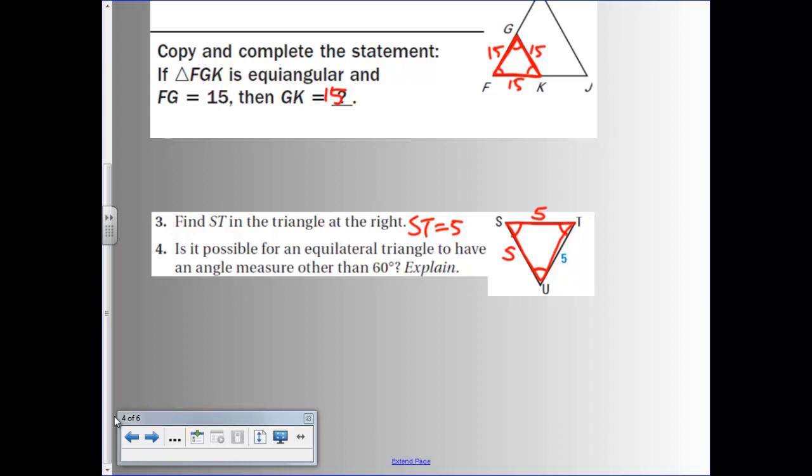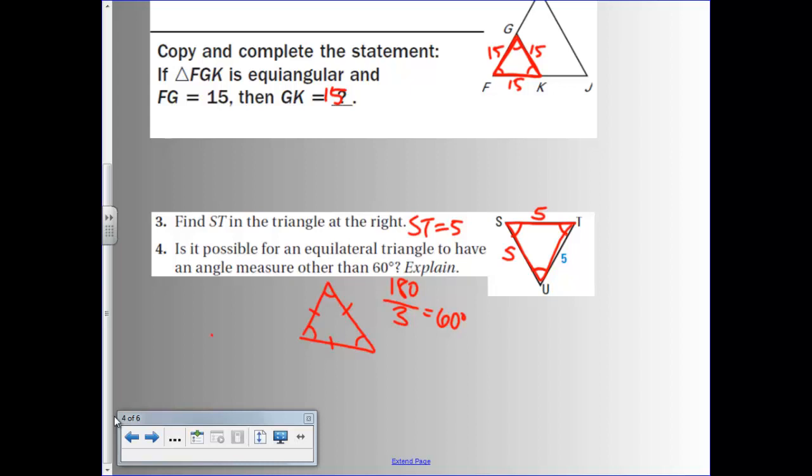Number 4, is it possible for an equilateral triangle to have an angle measure other than 60 degrees? If it's equilateral, it is also equiangular. So is it possible to have an angle measure other than 60? No. Why not? Exactly. Every triangle has 180 degrees.